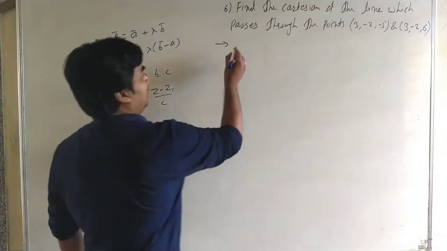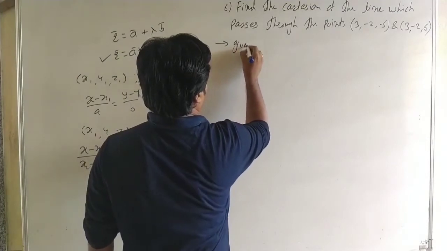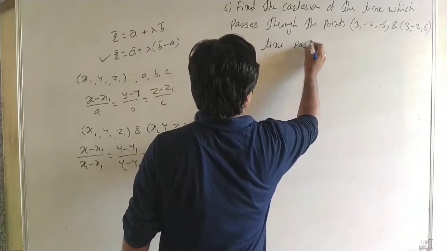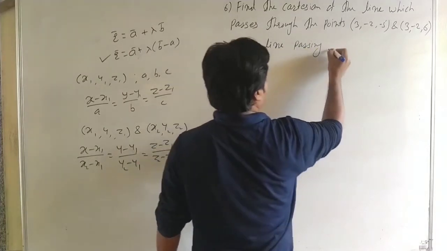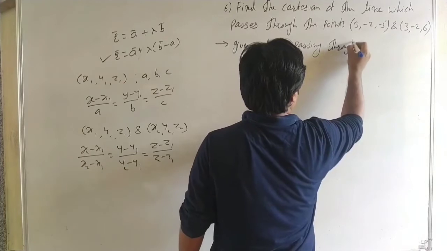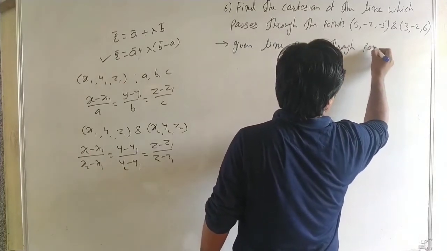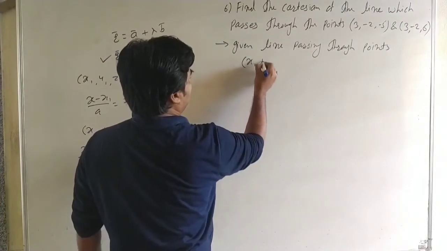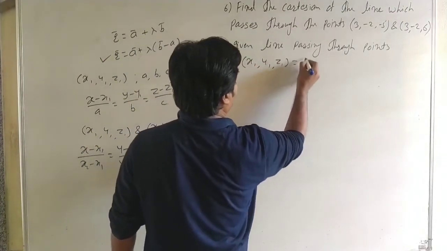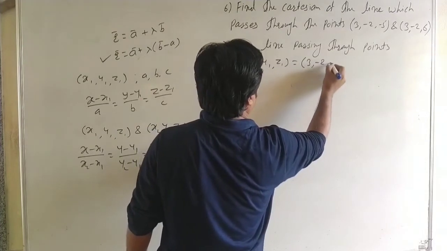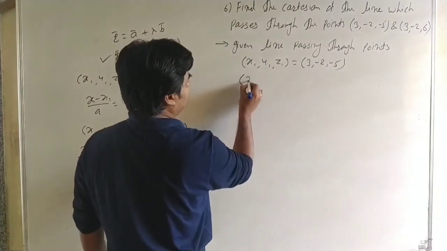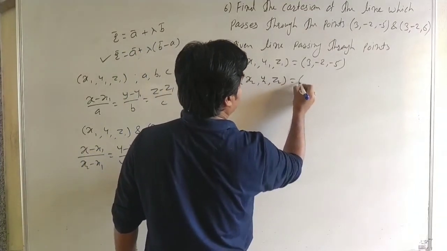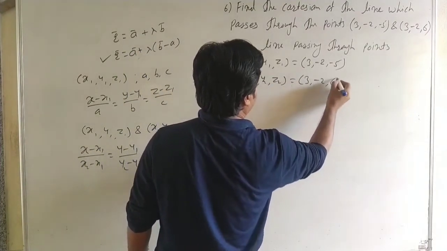Now here, given the line passing through points, say x1, y1, z1 is (3, -2, 5) and x2, y2, z2 is (3, -2, 6).